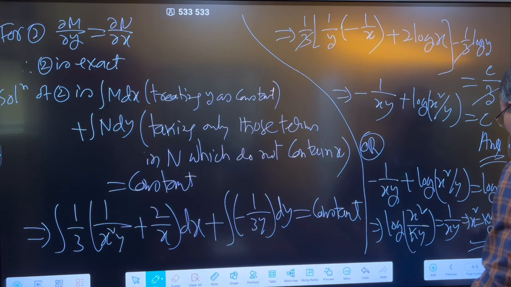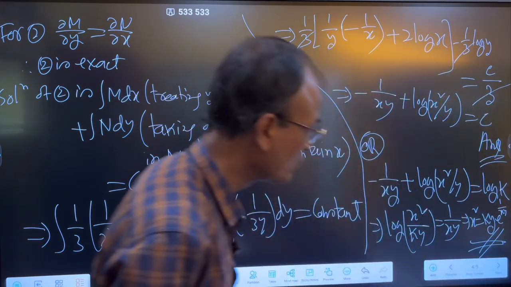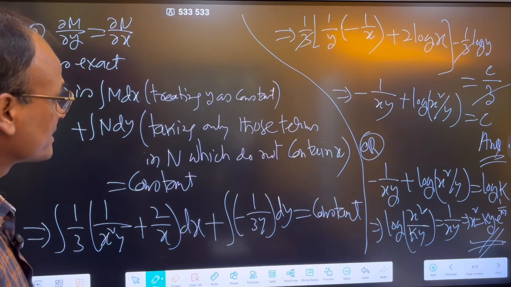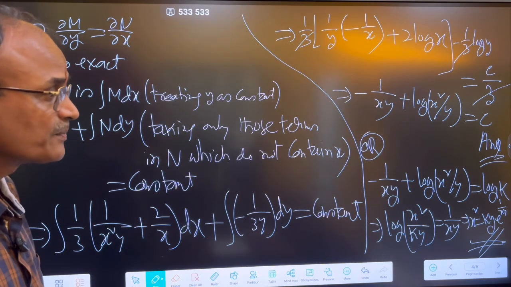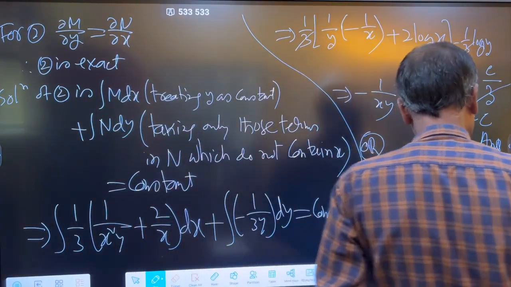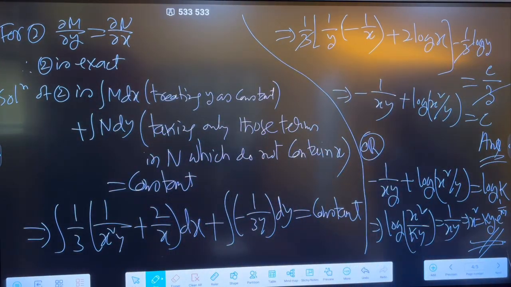This is the solution of the differential equation.